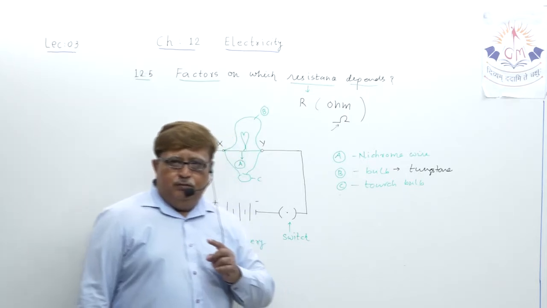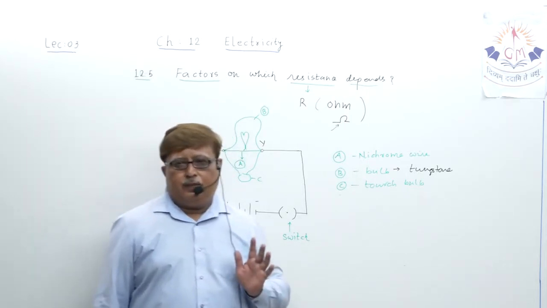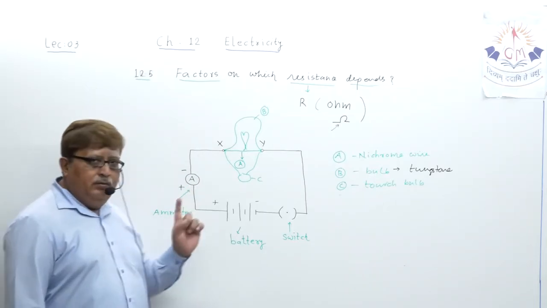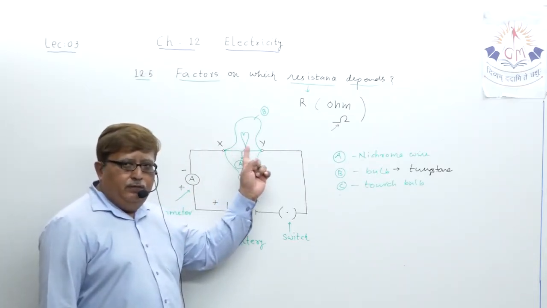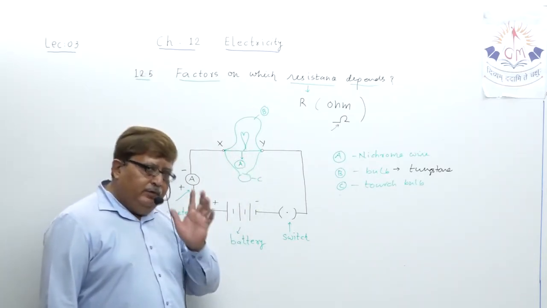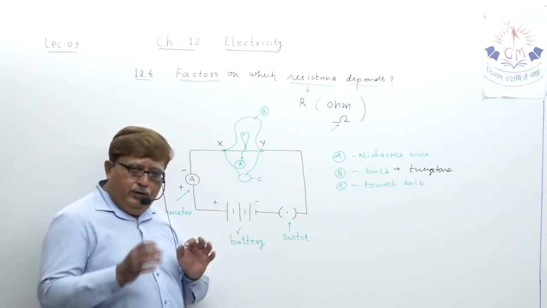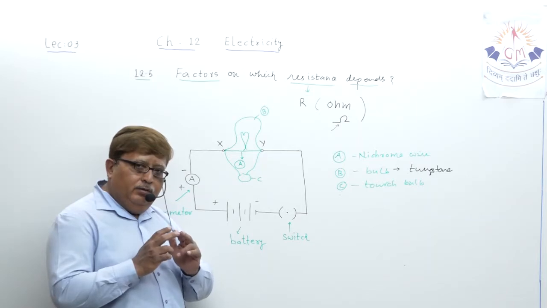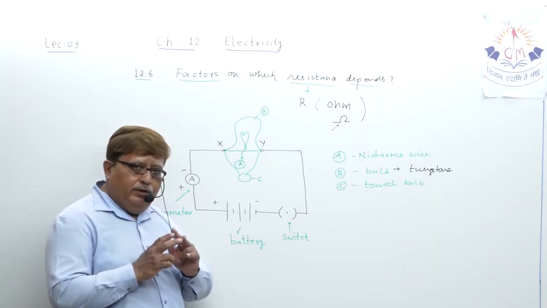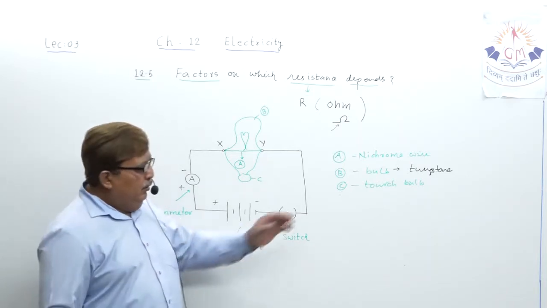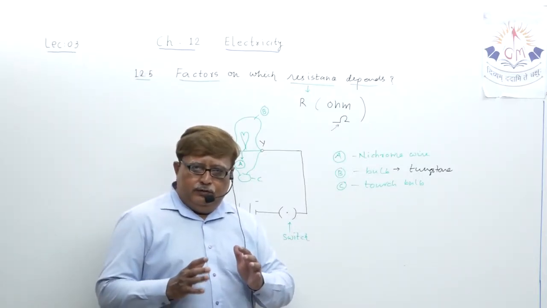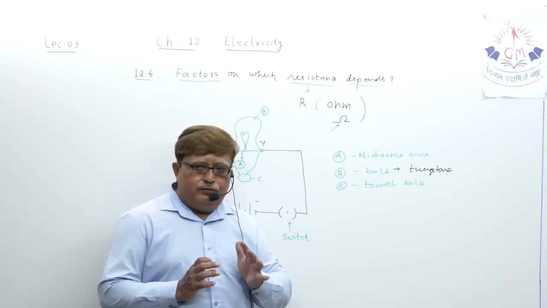Still variation is observed in the amount of electric current flowing. That means, because there is variation in the amount of electric current flowing, all three materials offer some resistive force. That is clear.